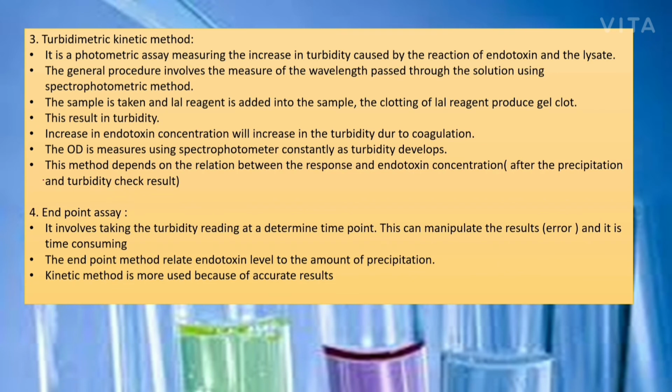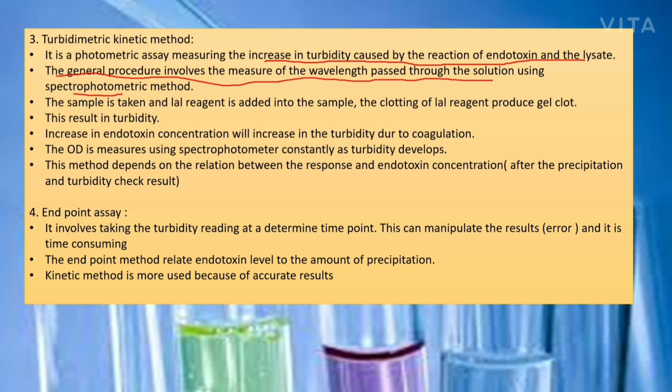Now let us see the turbidimetric kinetic method. This method is a photometric assay which measures the increase in turbidity caused by the reaction of the endotoxin in the presence of the lysate. The general procedure involves measuring the light passed through the solution using the photometric method.